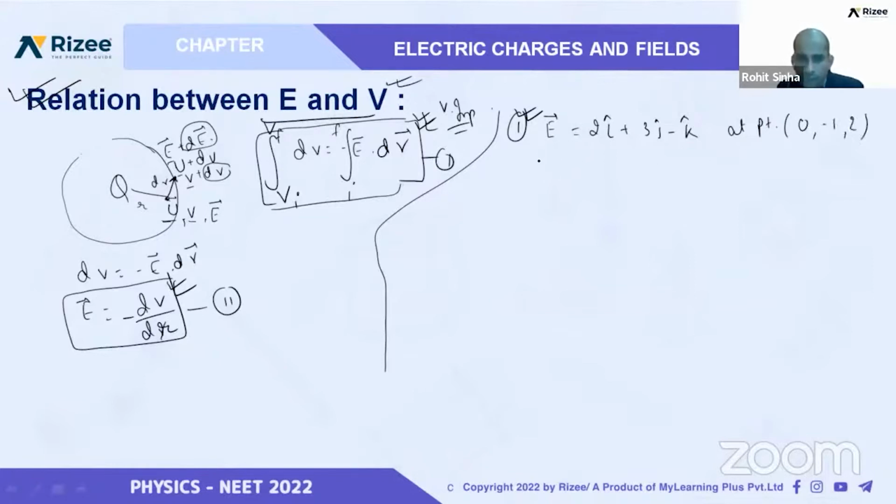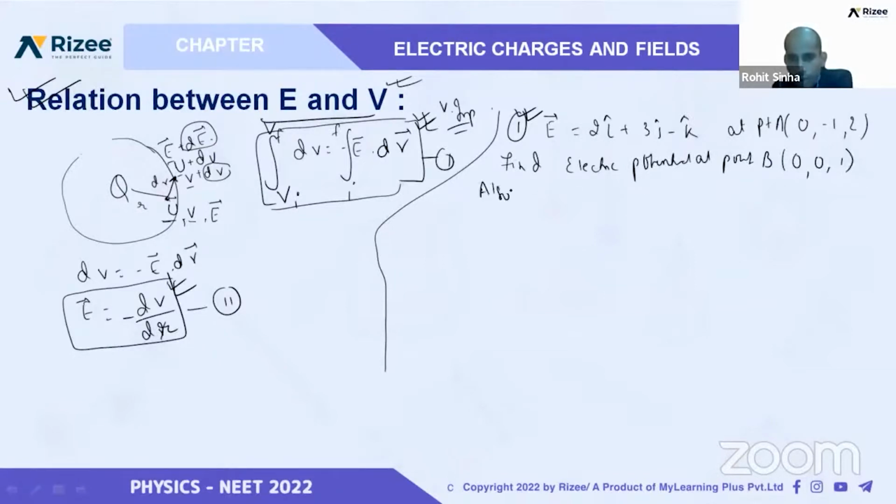This is given, and we have to find the electric potential at point B, which is (0, 0, 1).